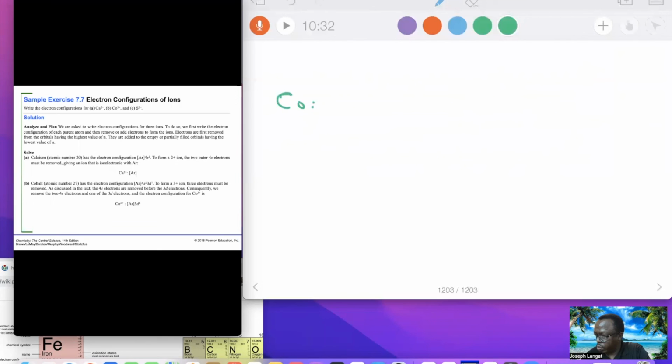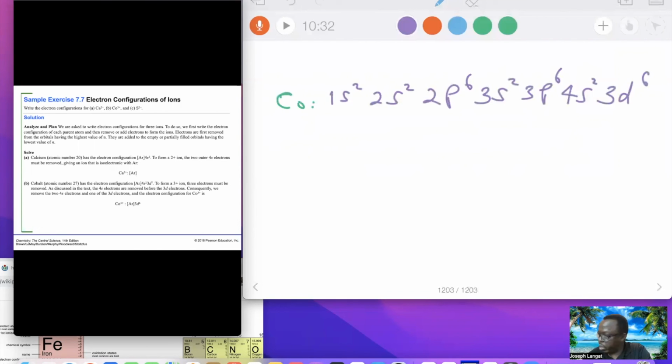Cobalt: 1s2, 2s2, 2p6, 3s2, this is 12, 3p6, this is 18, 4s2, this is 20, 3d6, number 26.